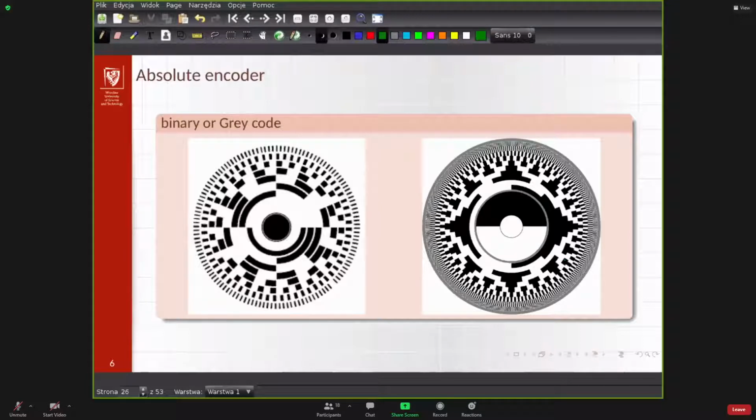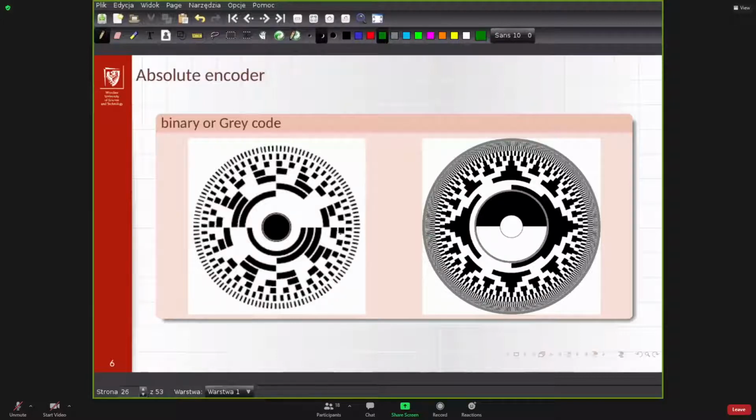Does someone know why? What is the advantage of gray code with respect to binary code? What is the special feature of using the gray code here? Like we are avoiding some bit flip errors?